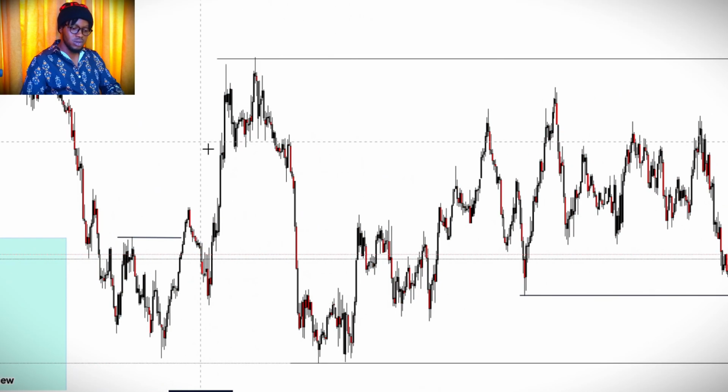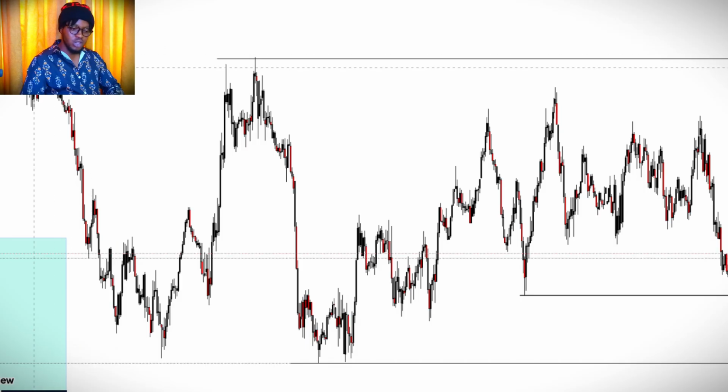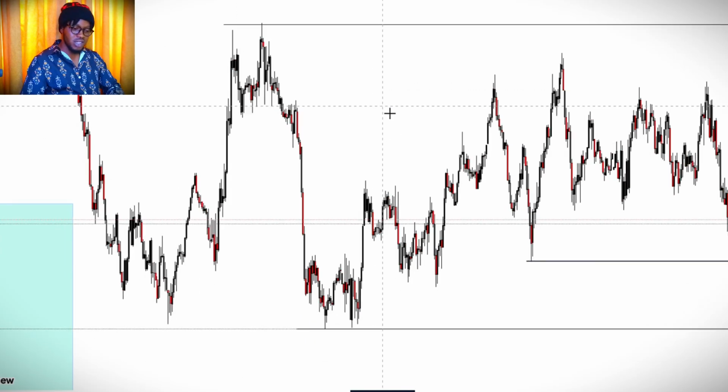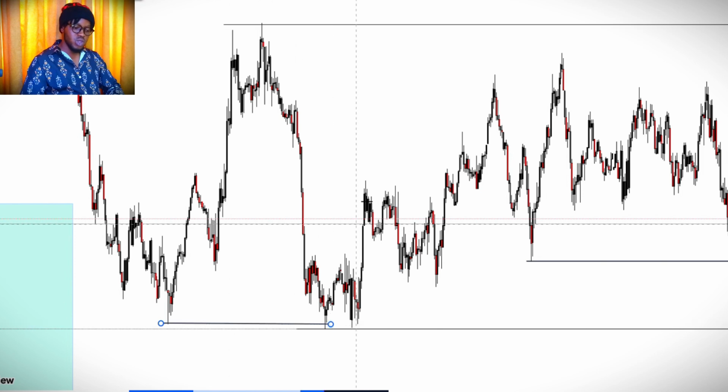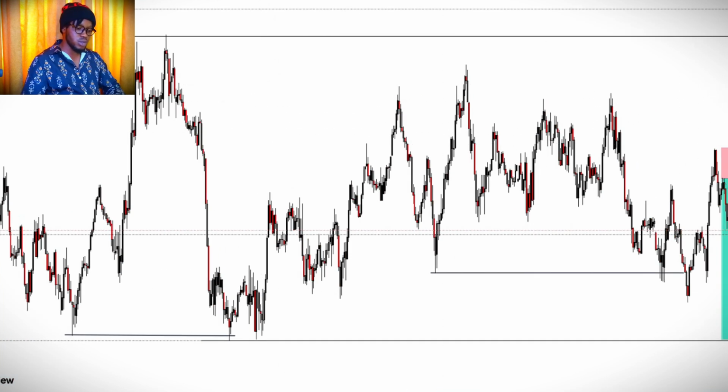So I'm showing you my current trade. Price tapped into the supply zone. After tapping into the supply zone, price retraced and refuses to close below this low here. Then I was waiting for price reaction to see what price will do.